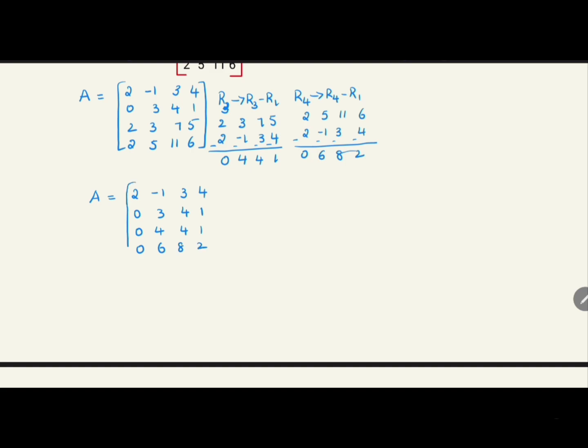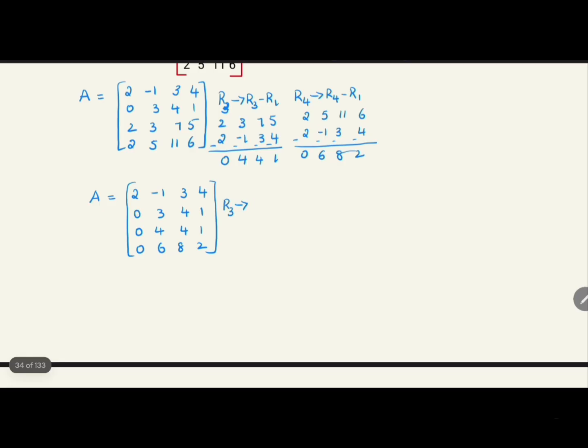Now what is the next step? I should make the elements below a22 zero. This is a22, and these are the elements which are present below a22. I should make this 0, making use of R2. So for that, what will be the operations?